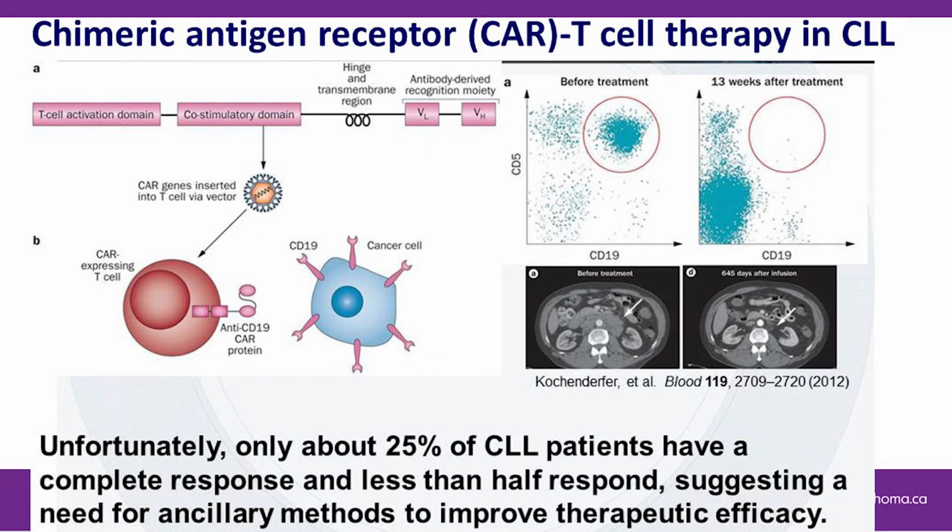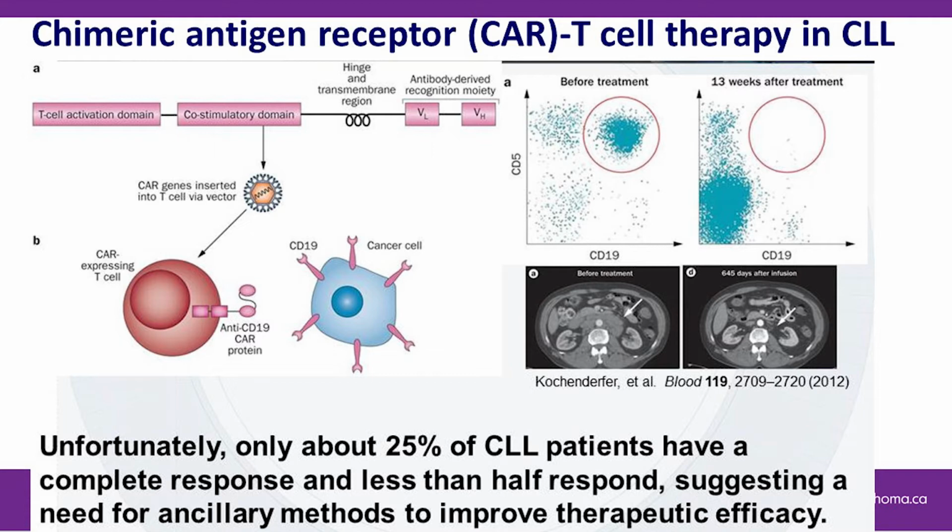So this approach is useful. This is a patient from Sunnybrook who was treated with CAR T cells at the National Institute of Health in Washington. And this was the patient's blood before treatment. As you can see, he had a lot of these CLL cells. This is a CAT scan of the patient, a cut through his abdomen. They're looking at his kidneys, his spine, but you're seeing this massive white stuff, and that's lymph nodes.